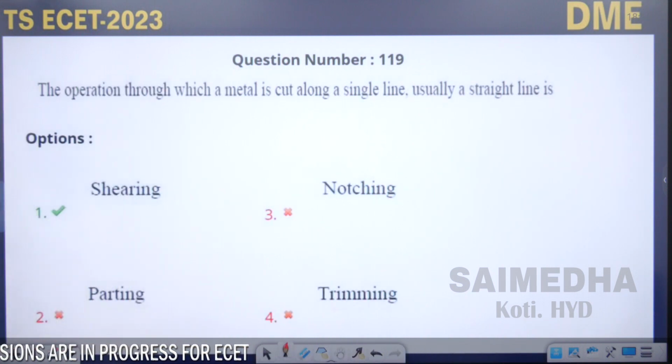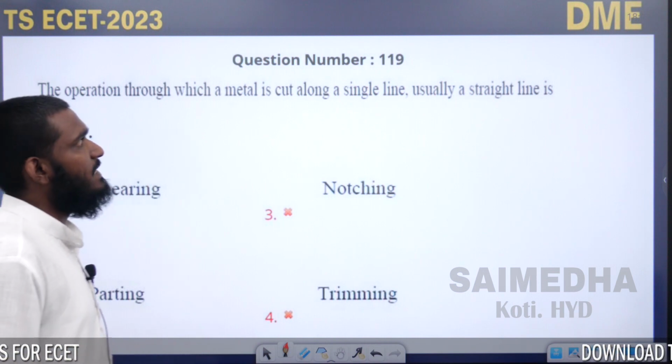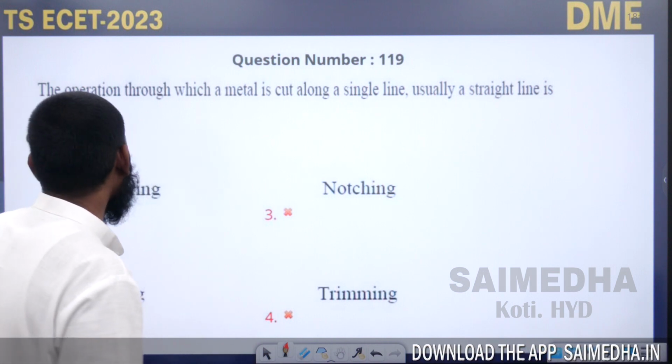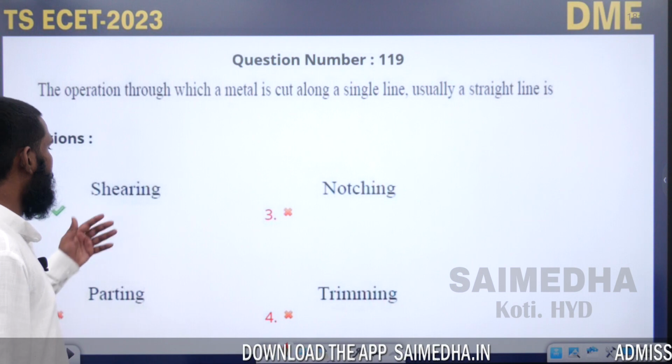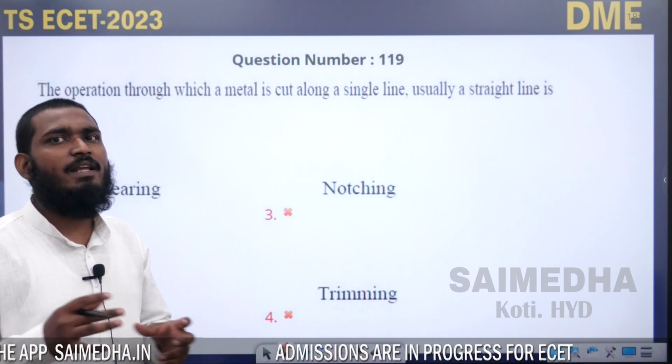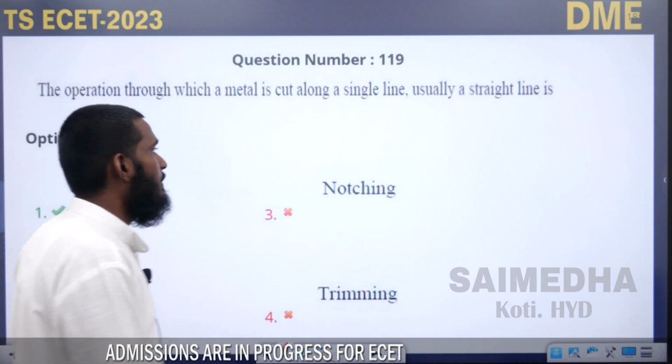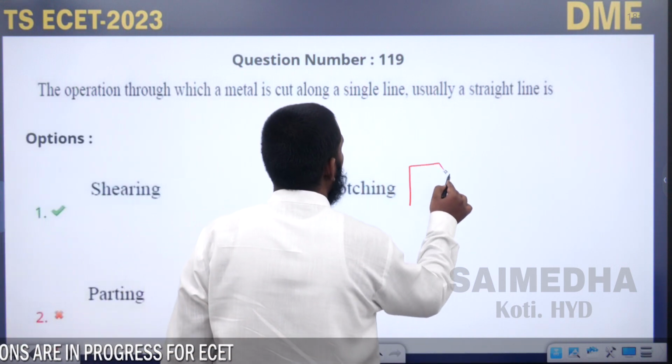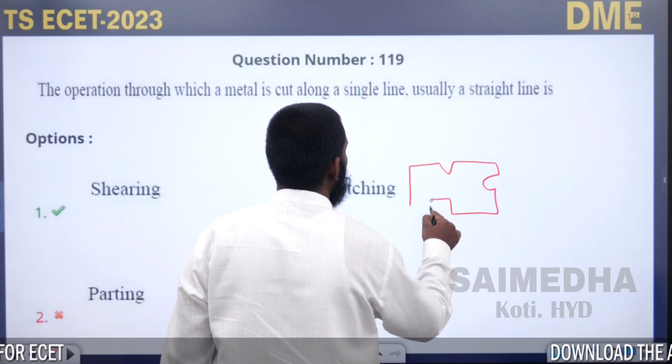Now next, the operation through which a metal is cut along a single line, usually a straight line, is: shearing, parting, notching, trimming. Trimming is somewhat different: if you are removing some extra material, we call it trimming. Notching is when we cut the edges of the workpieces.